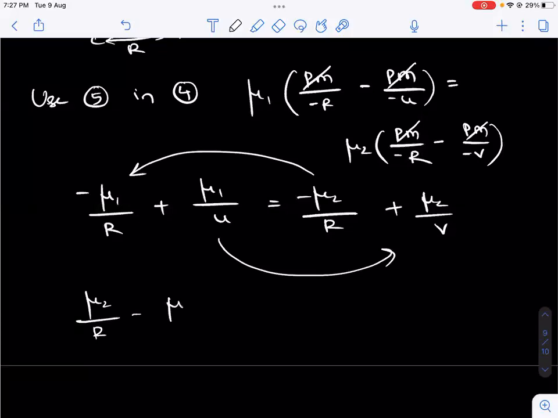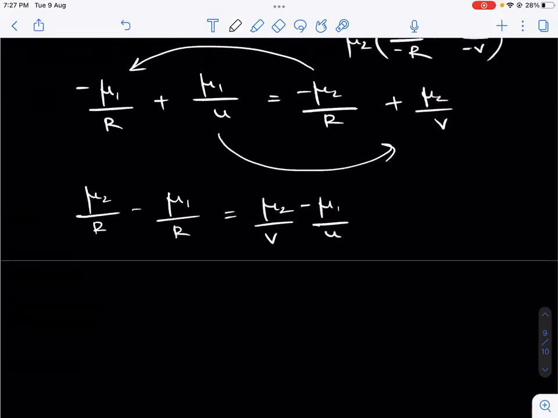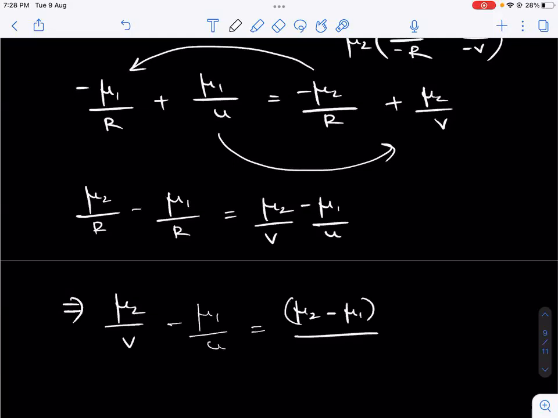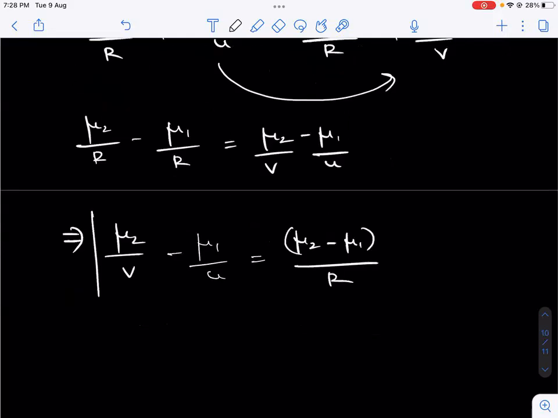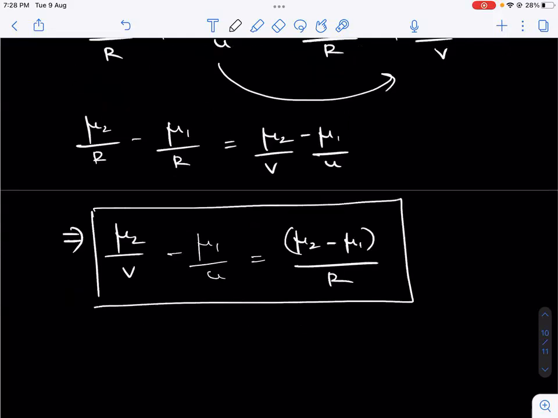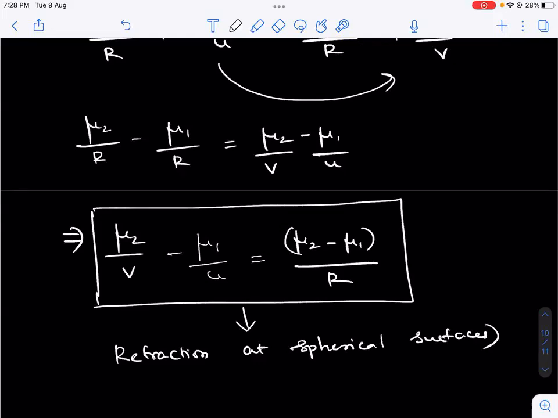Mu2 by R minus mu1 by R is equal to mu2 by V minus mu1 by U, which implies mu2 by V minus mu1 by U is equal to mu2 minus mu1 divided by R. And this is the formula for, this is not Lens formula. This is the formula for refraction at spherical surfaces.